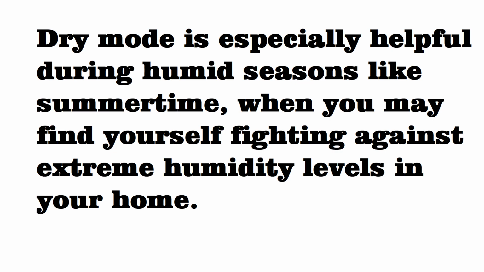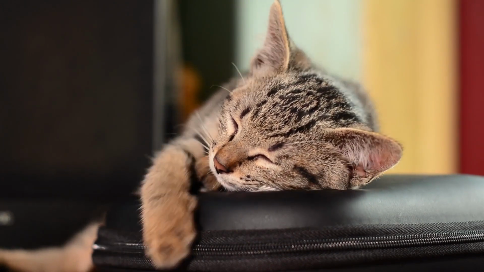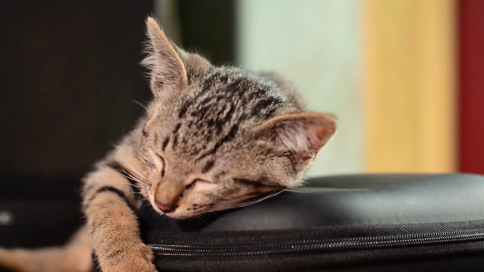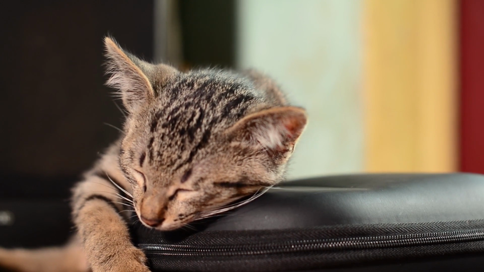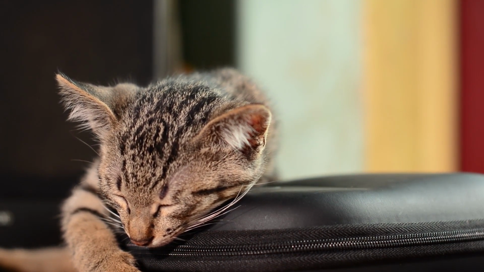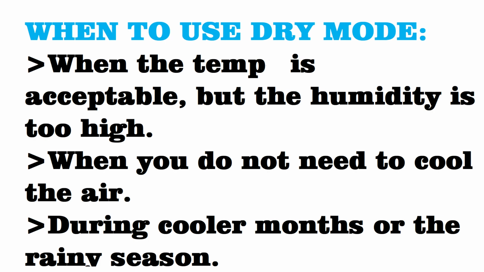In dry mode, there is some dehumidification. The extra humidity will be removed by the AC, and it does that by sucking the moisture out of the air, so that over time the air will become a bit bearable, a bit comfortable for you. Use this mode when you feel that the humidity is extreme and making you very uncomfortable.